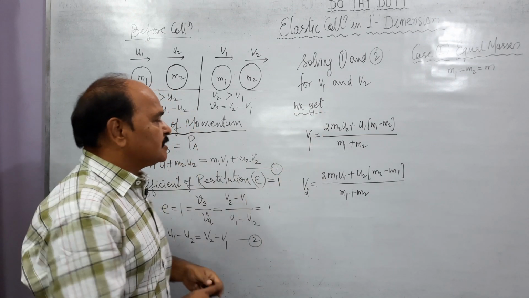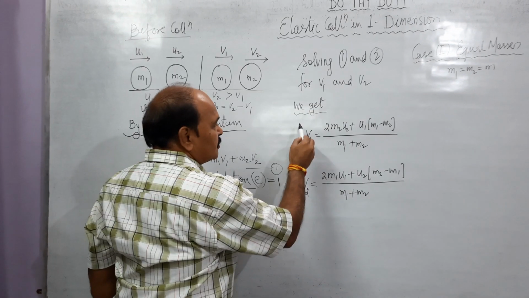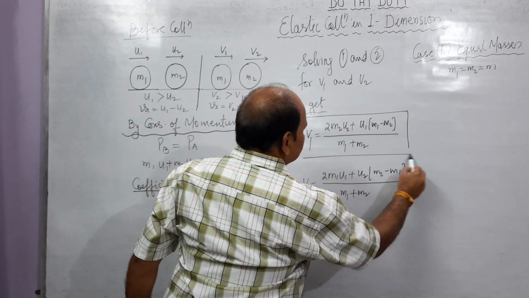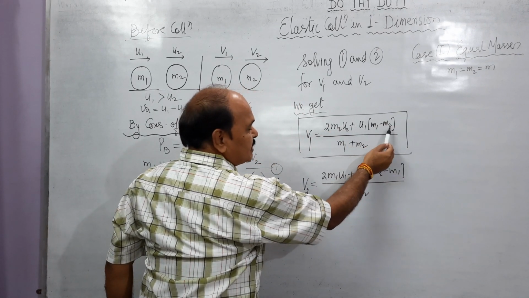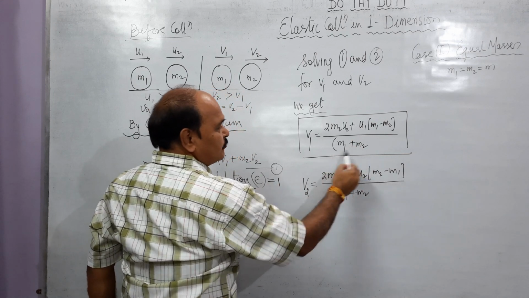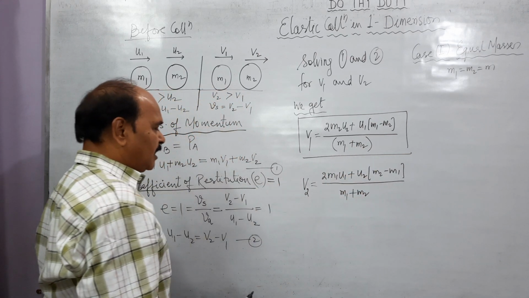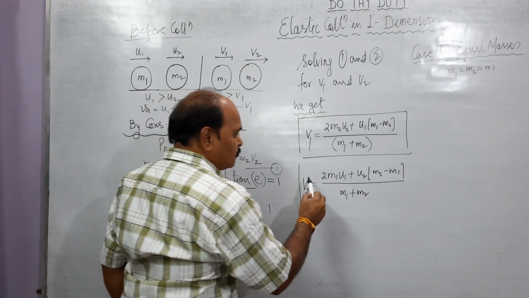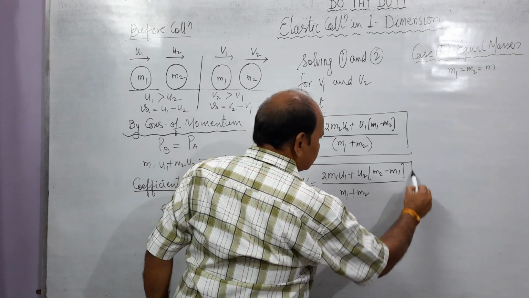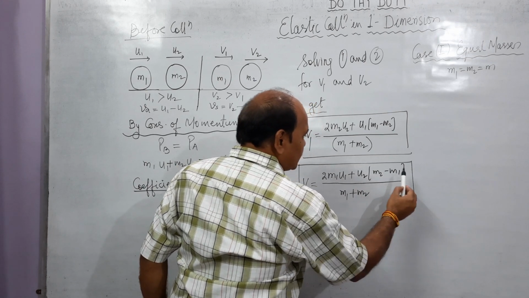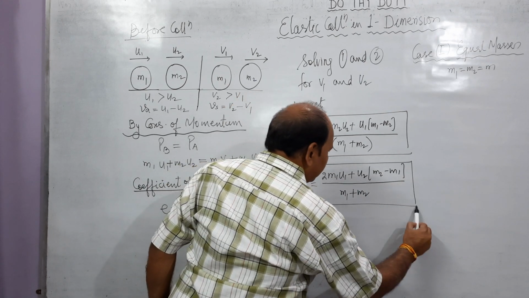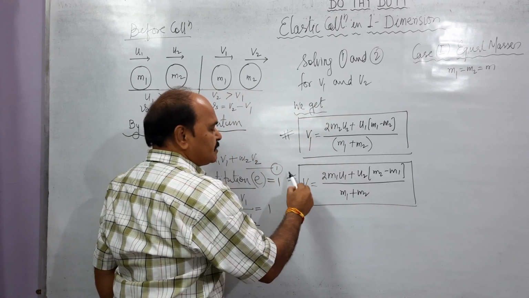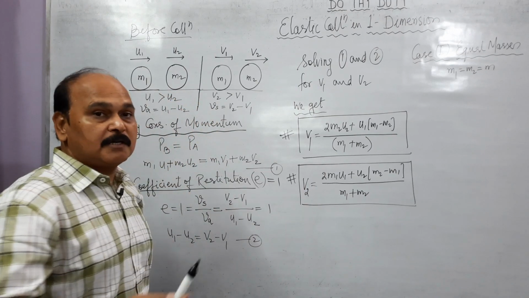We get v1 as 2m2 u2 plus u1 times (m1 minus m2) upon (m1 plus m2), and v2 comes out to be 2m1 u1 plus u2 times (m2 minus m1) upon (m1 plus m2). So, these are the velocities of both the masses after collision.